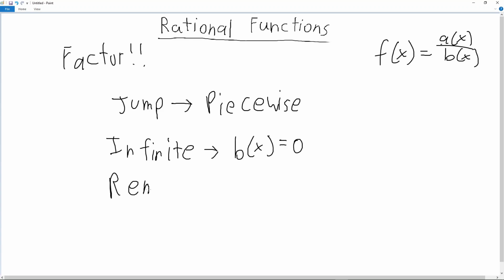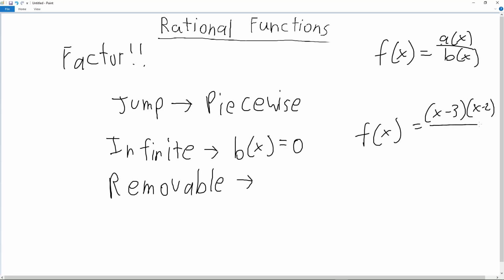For a removable discontinuity, you should always factor, and then you see which terms are like terms between the numerator and the denominator. So let's say we have f of x is equal to x minus 3 times x minus 2 over x minus 3. You can see how x minus 3 and x minus 3 appear on both the numerator and the denominator.